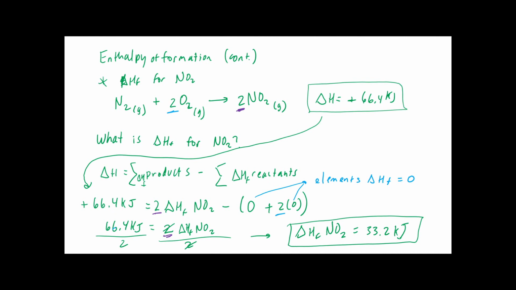So it's that simple. So even if you don't have the delta HF, you should be able to get it if you have the delta H. All right. So finding the delta HF is sort of this question, and you have to be able to do that, especially for a simple problem like this, where you have 2 elements and then you have a product.